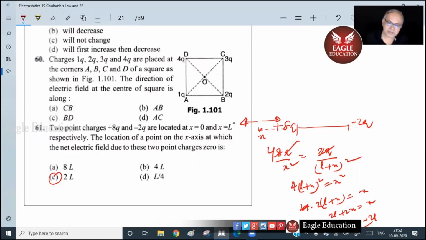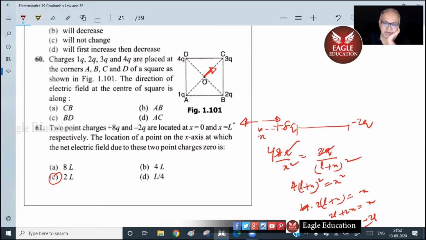Rishita, tell me, how do you do this? We should take from O, the electric field of A will be towards C, sir. Like that we should draw arrows. The field due to A will be away from A, and its value will be 2kq by a square.